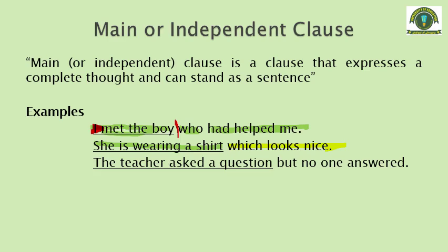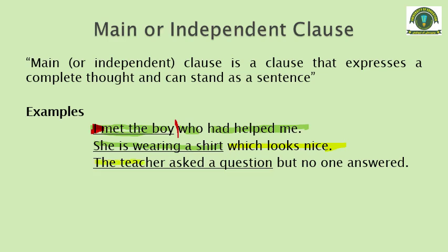Is that a girl? Is that a thing? What are you talking about? I'm not getting you. So "which looks nice" is a clause, but it cannot convey the complete meaning. It can cause confusion. Therefore, we call it a dependent clause, a subordinate clause, a clause that needs further explanation.